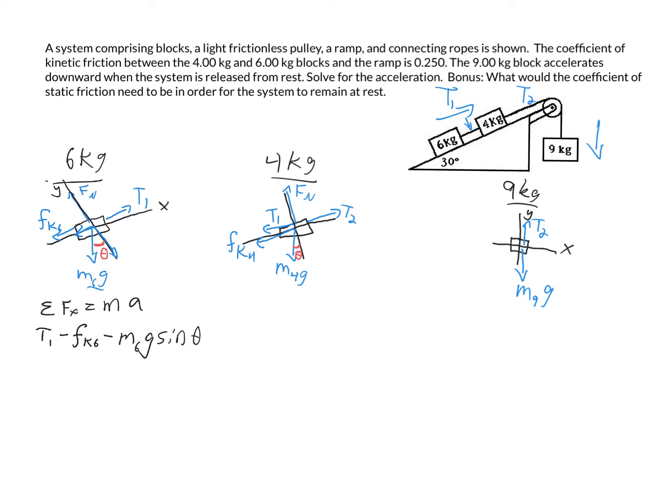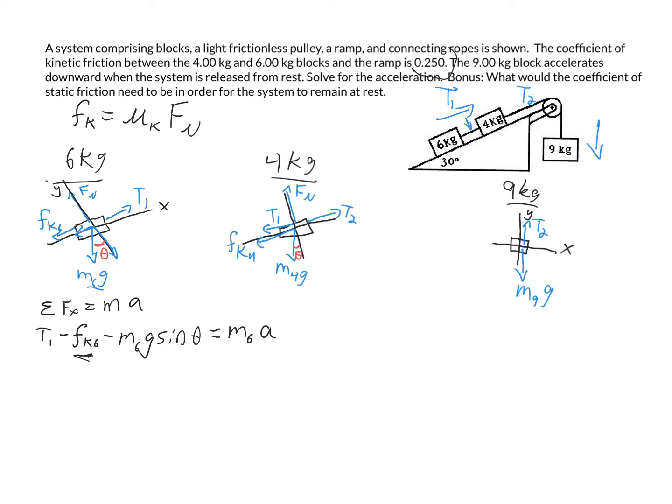Those things all are going to be equal to m6, the 6 kilogram mass, times a, its acceleration. Now if you recall, the force of kinetic friction is equal to the coefficient of kinetic friction times the normal force. So in order to substitute in here, we need to find the coefficient of kinetic friction as well as the normal force.